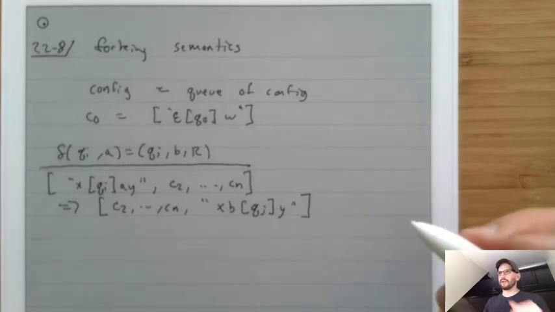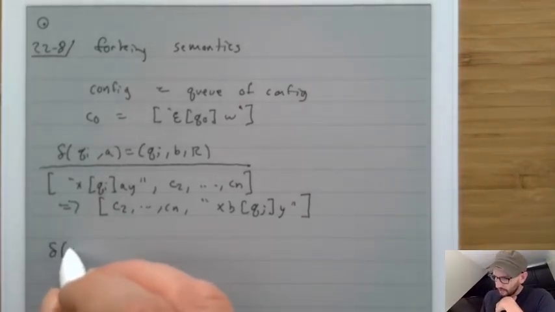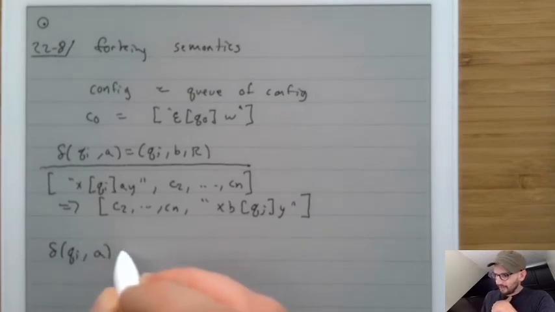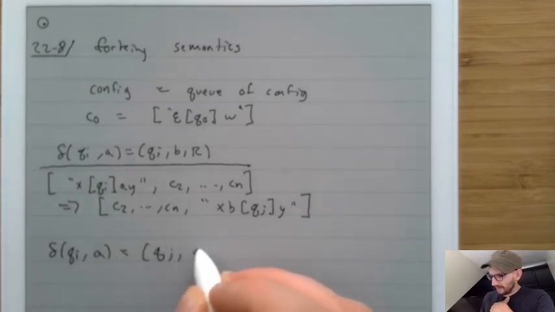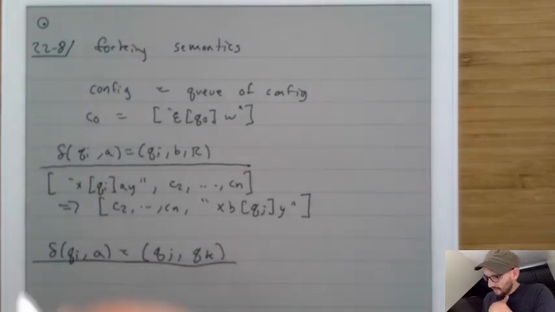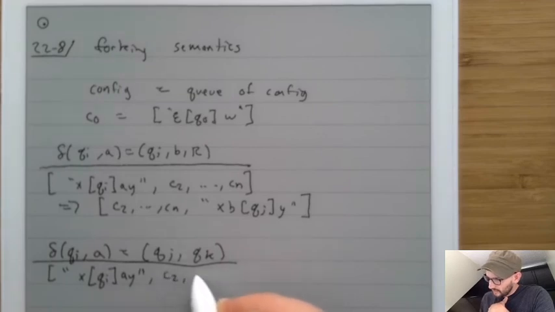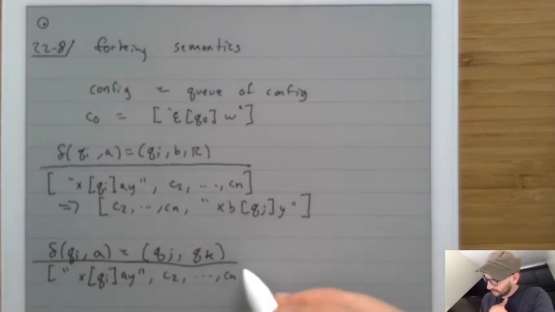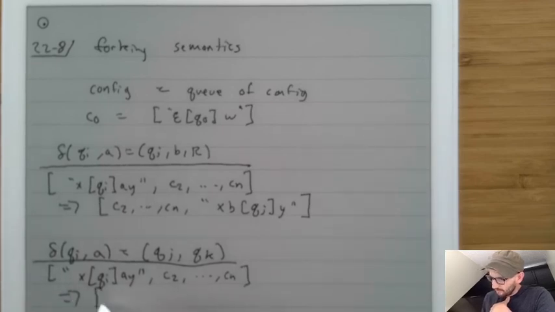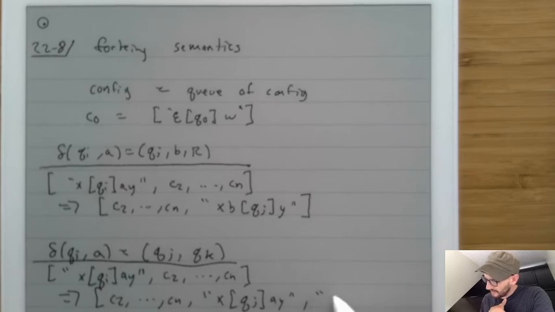Now we get the forking one. So what does the forking rule say? The forking rule says that if we look at qi and a, and we get back two new states, qj and qk, and we were in a configuration where the first configuration at the top said x, qi, ay, c2 up to cn, then in that case we're going to put c2 through cn, and then x, qj, ay and x, qk, ay.